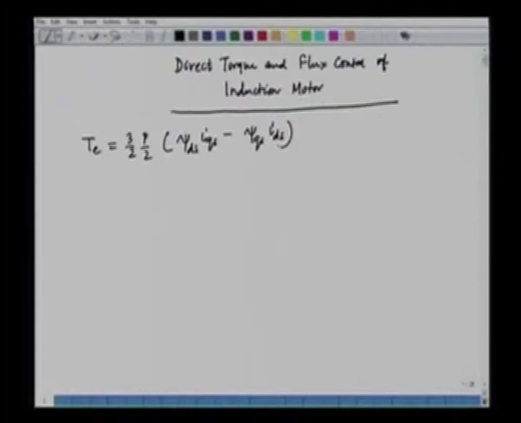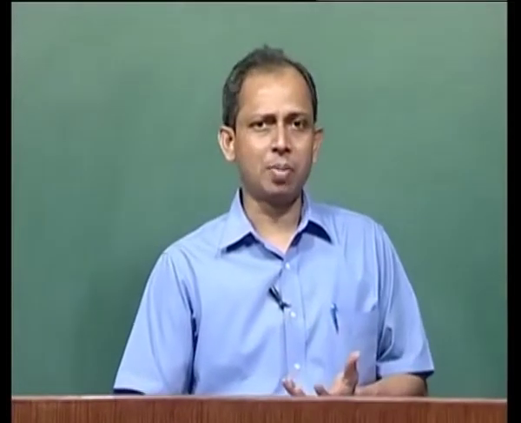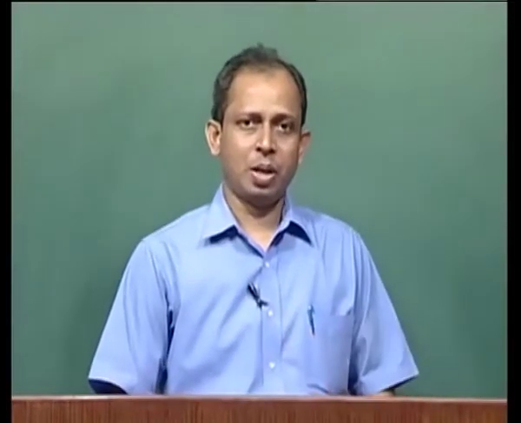We are talking about the stationary frame here, and psi ds, psi qs, ids and iqs are variables in the stationary reference frame. Now what we have to do here, we will try to express this torque equation in terms of 2 fluxes, and the 2 fluxes are, one is the stator flux, other is the rotor flux.